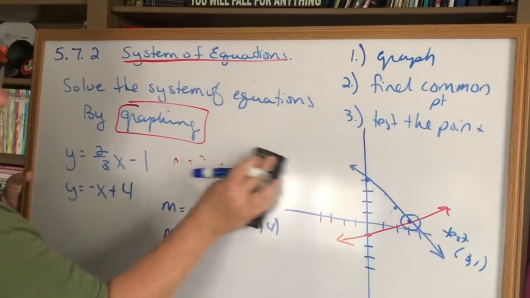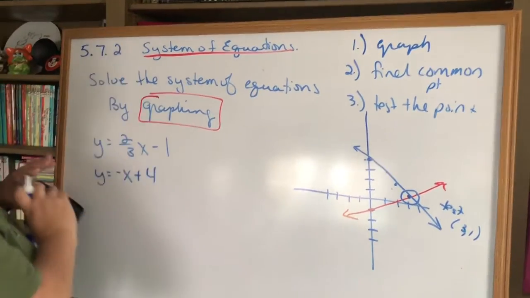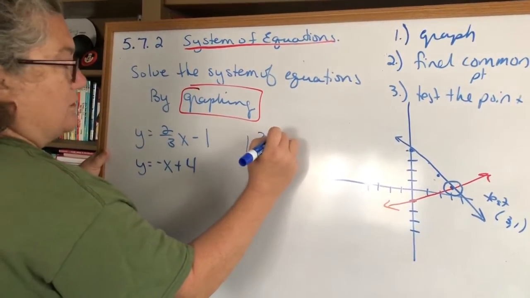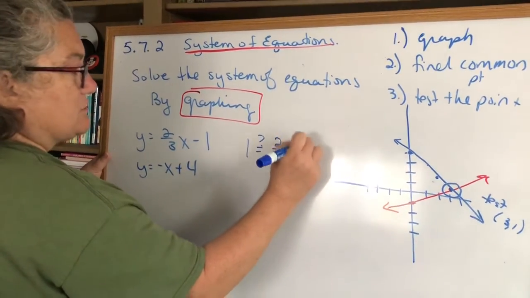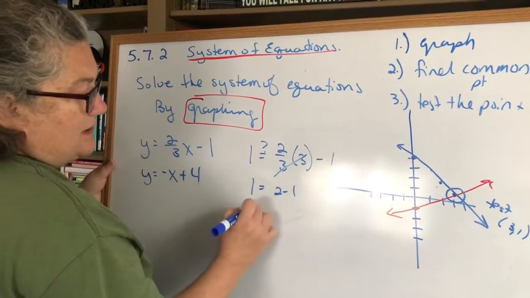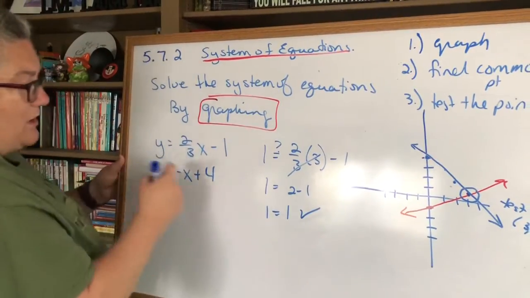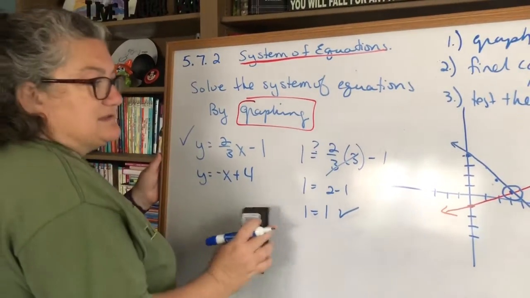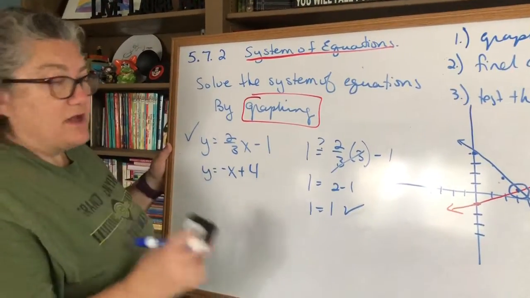So I'm going to test it. I'm going to erase this just so I have room. The first one is (3, 1), so that means 1, does it equal 2 over 3 times 3 minus 1? So this would be 1 equals 2 minus 1, 1 equals 1. Yes, it worked for that one. So I'm going to put a check mark there, and I'm going to erase. If you need more time to look at this, just hit the pause button.